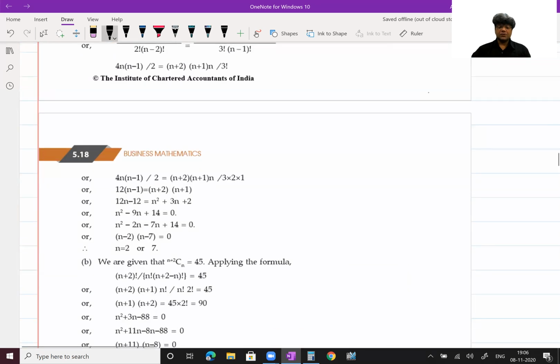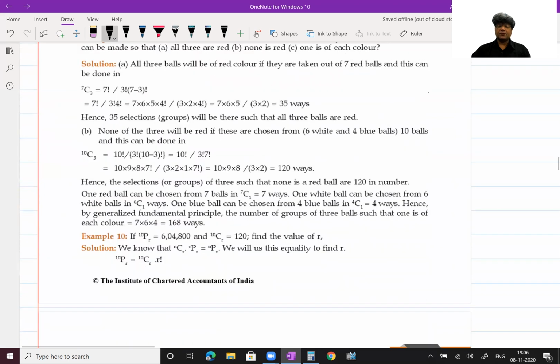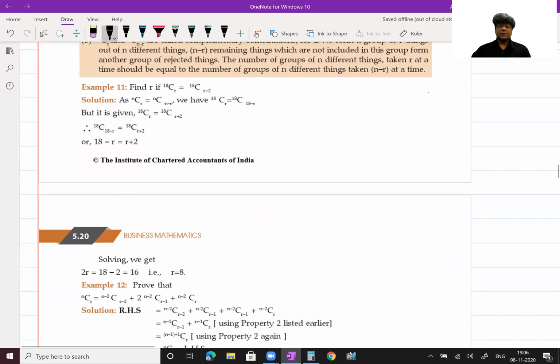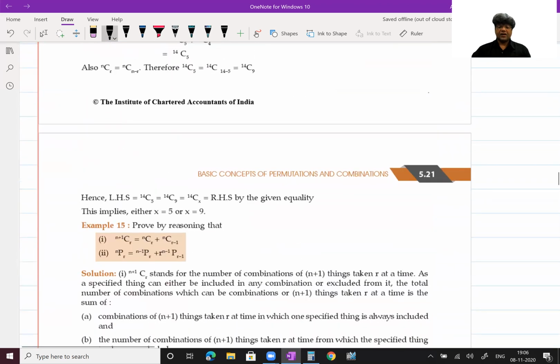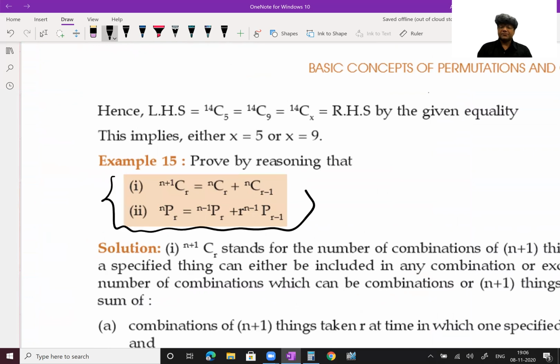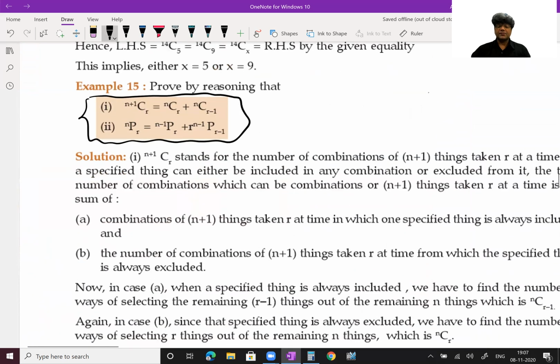Guys, these questions you must see. Even if you are not doing them, just go on seeing. See these formulas, I have taught them to you, but you must see them at least once.